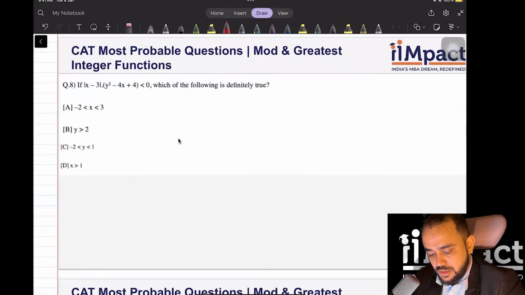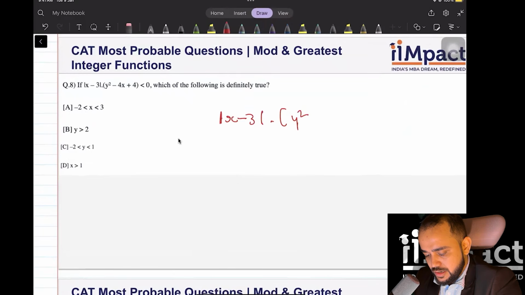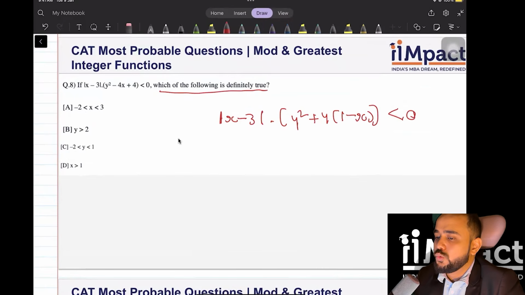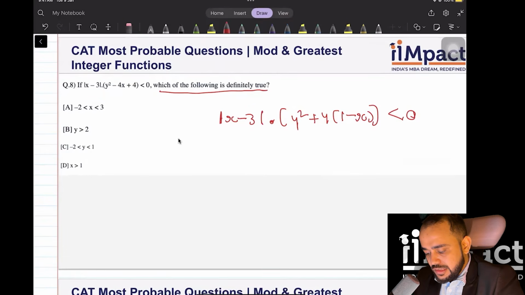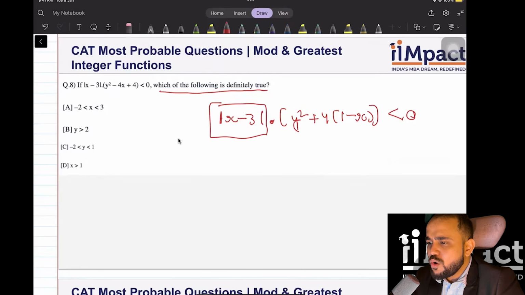All right, moving on. This is a very fun question. |x minus 3| into (y square plus 4 into (1 minus x)), let me write it like this, is less than 0. Which of the following is definitely true? Now you can go through the options and try to decide. Now tell me this. This product is supposed to be negative. Will this ever be negative? No, it's a mod function. This is always going to be positive.